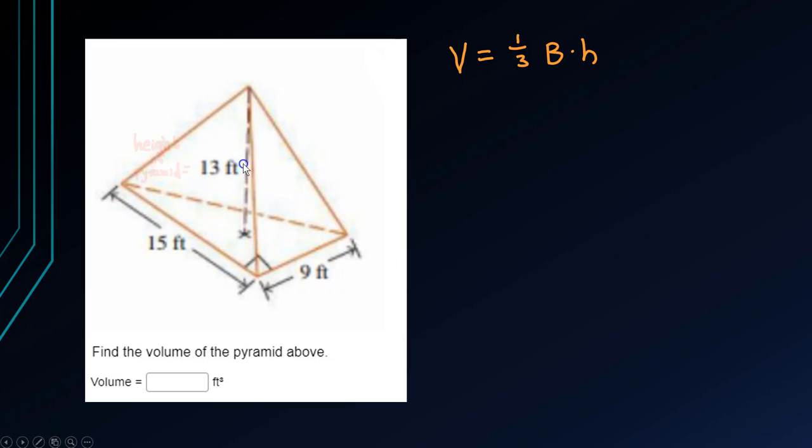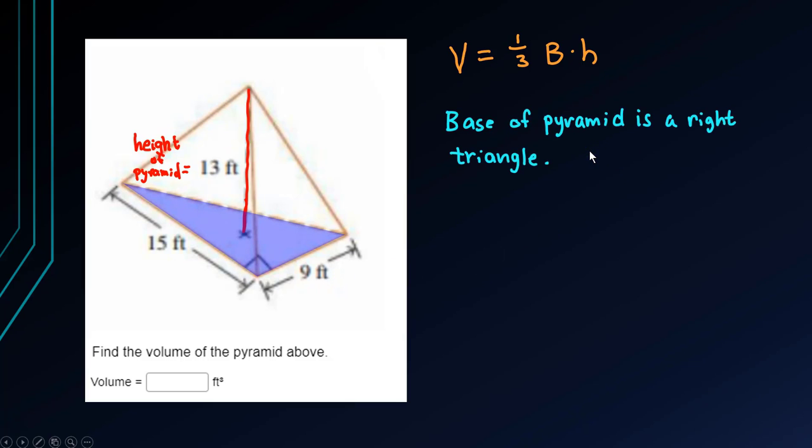The height of this pyramid is this 13-foot side, because it's going from the top where the triangular faces intersect each other, and it's perpendicular to the base, which is this right triangle. It's 15 by 9 foot by whatever that would be. But that is our base, which is a right triangle.